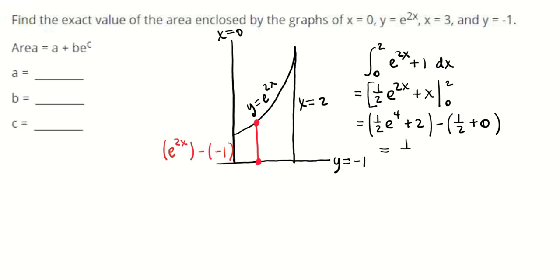Okay? And then that would be 1/2 e to the 4 plus 3 divided by 2. Meaning that a would be 3/2, b would be 1/2, and c would be 4.